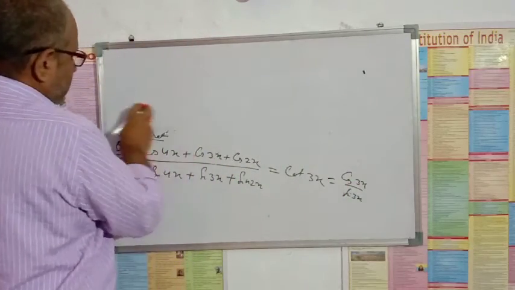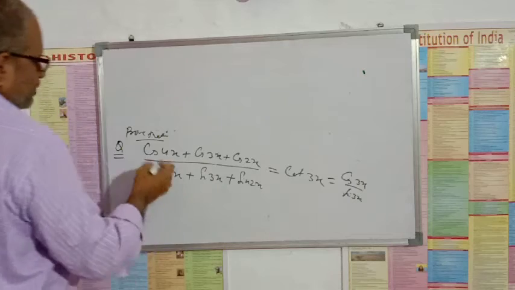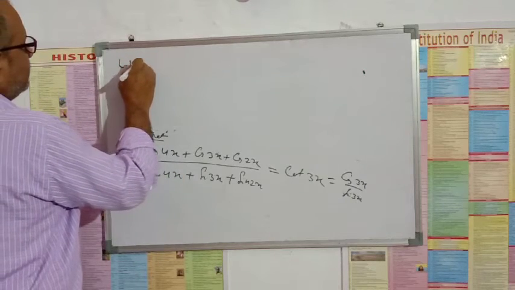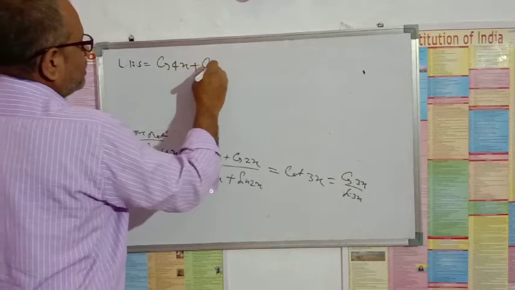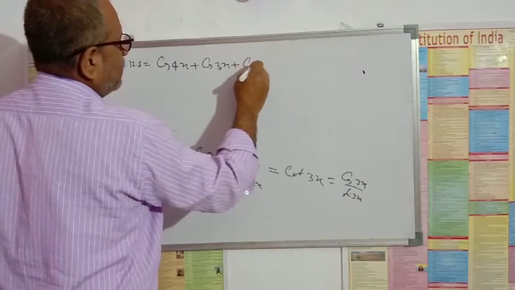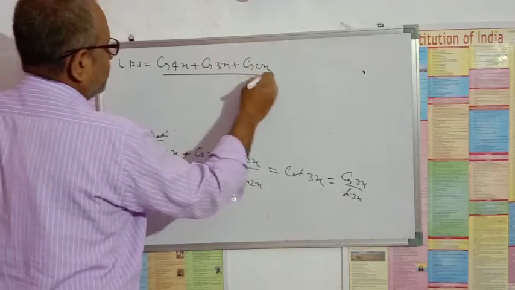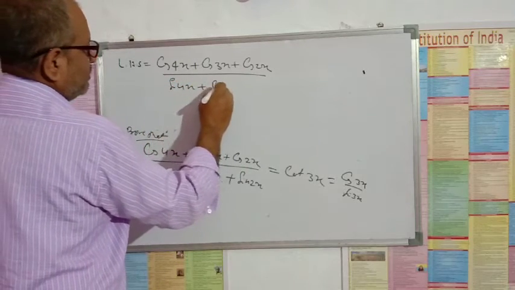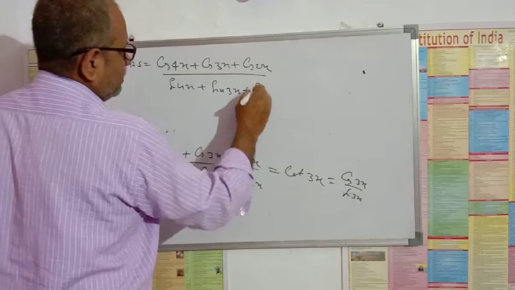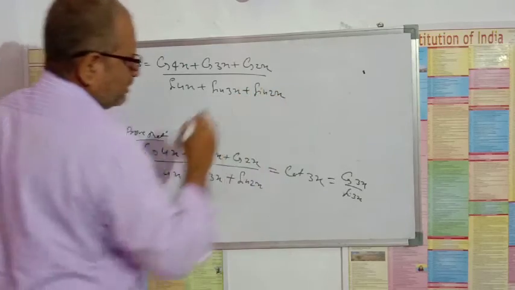So take the left hand side: (cos 4x plus cos 3x plus cos 2x) upon (sin 4x plus sin 3x plus sin 2x).